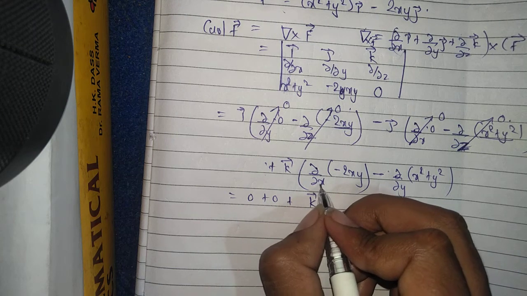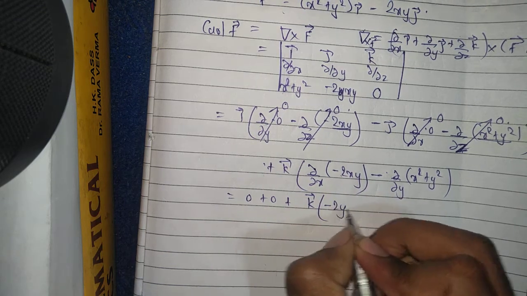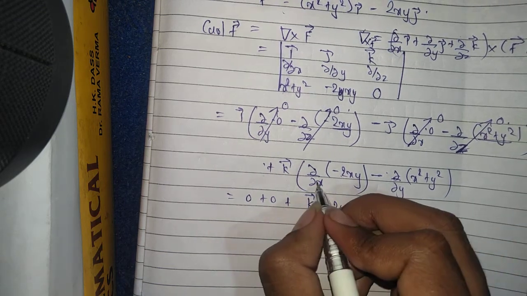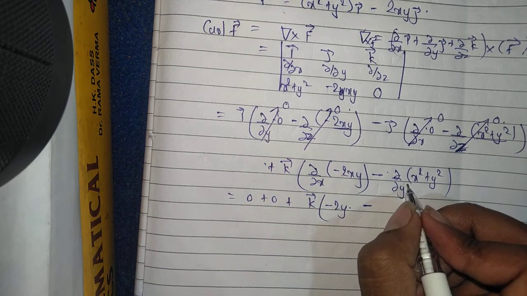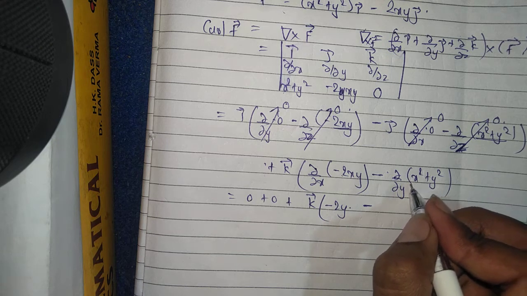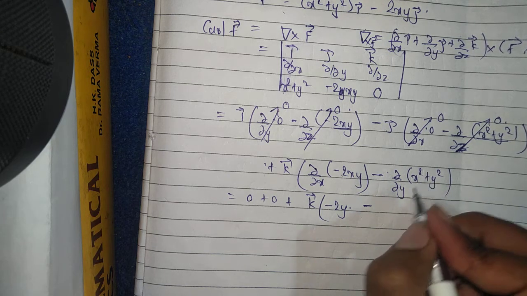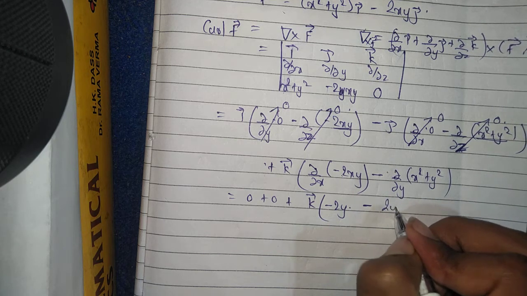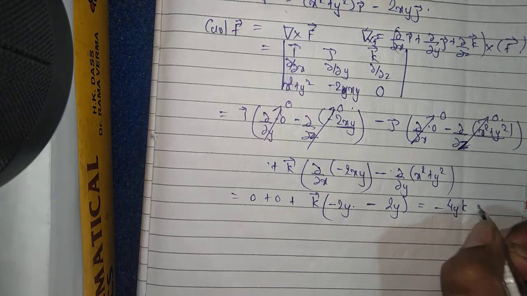The partial derivative of minus 2xy with respect to x means minus 2y, as y is constant, and the partial derivative of x with respect to x is 1. Similarly, minus the partial derivative of x² with respect to y is 0, and the partial derivative of y² with respect to y is 2y, which gives minus 4y k vector.